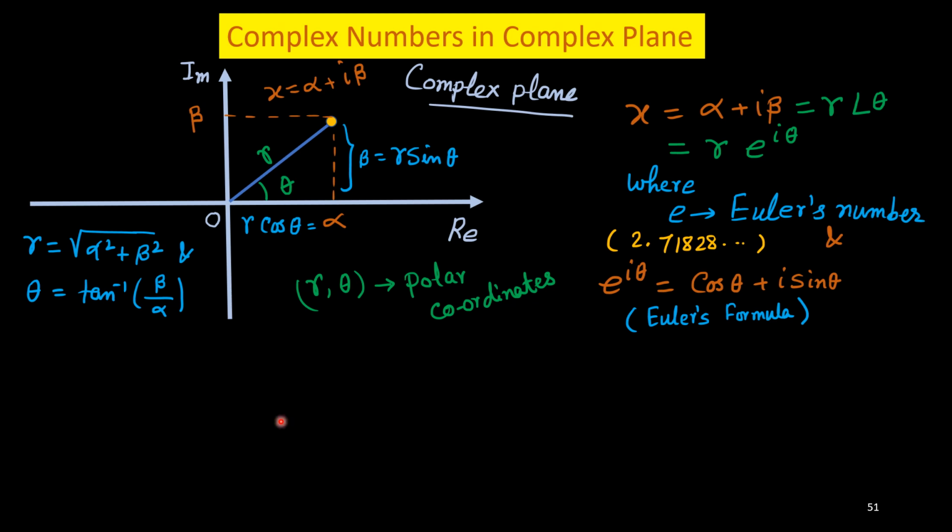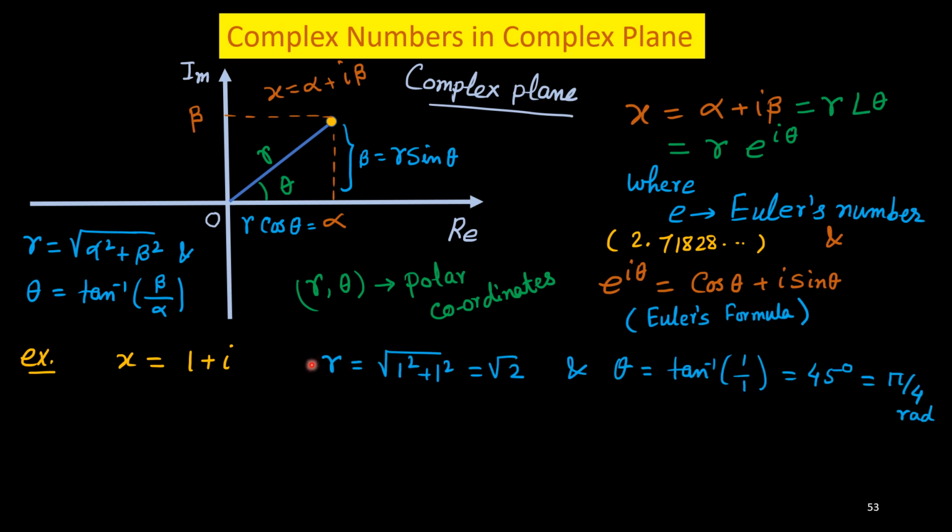fine. So this is the complex number we have considered so far. Now we'll take one example to show how it is useful. Now consider x equal to 1 plus I. Okay, and this is your complex number. Now this magnitude I can compute easily.